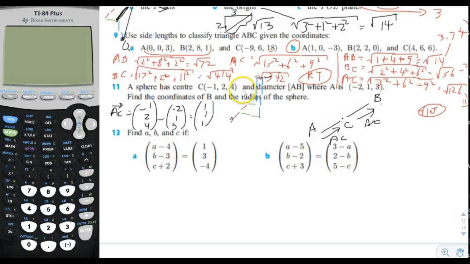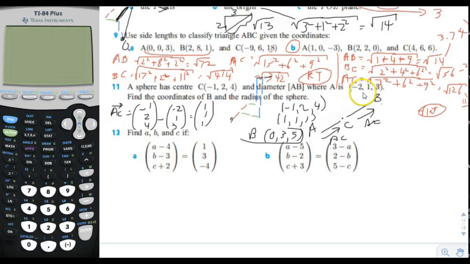Okay, and so if we add the vector AC to C, then that will give us B. So we have the position negative 1, 2, 4, which is the position C. We add the vector 1, 1, 1, and then we should get the position B, which is 0, 3, 5.